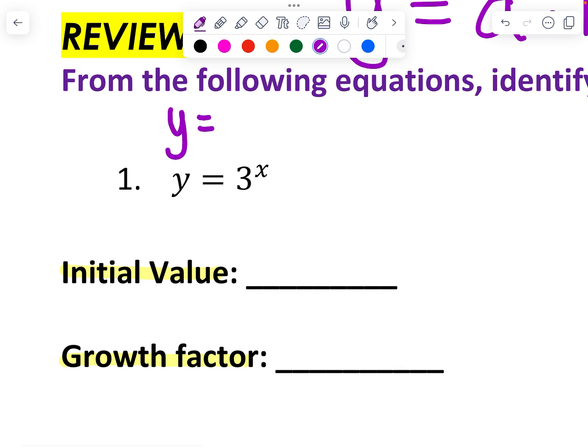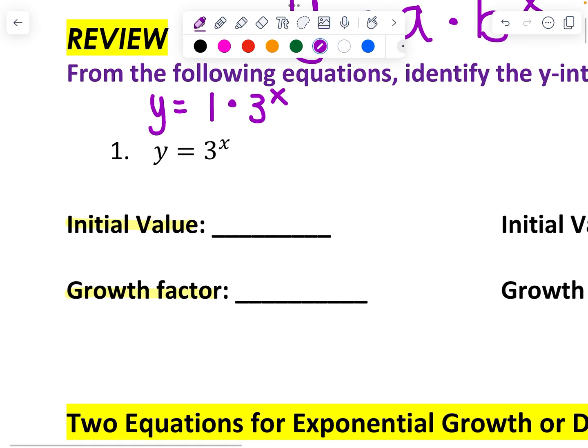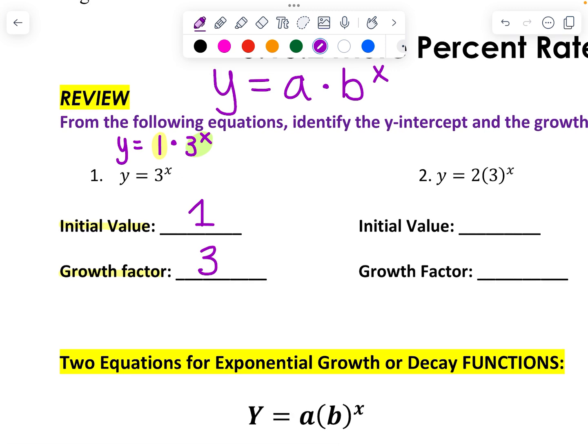So think about this as 1 times 3 to the x. The initial value is always this first number. The growth factor always has the x with the number. That's the number we are multiplying to get our next number in the sequence or table or graph, whatever.